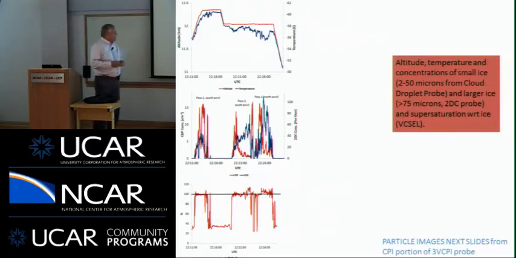So I spent about a year trying to convince myself that there must be something wrong with the instruments, since part of my job is to doubt the instruments, and there's good reason to believe that things like shattering might be affecting them. But I think this is actually real, and I think these are actually responding to frozen cloud droplets. From the temperature here, you can see we're at quite cold temperatures, from minus 50s up to even colder than minus 60 at the top of the anvil.